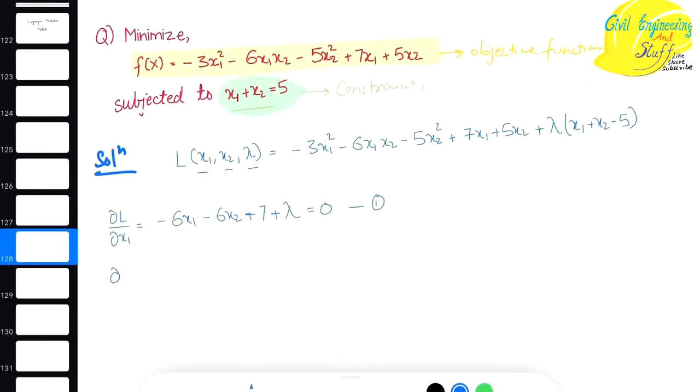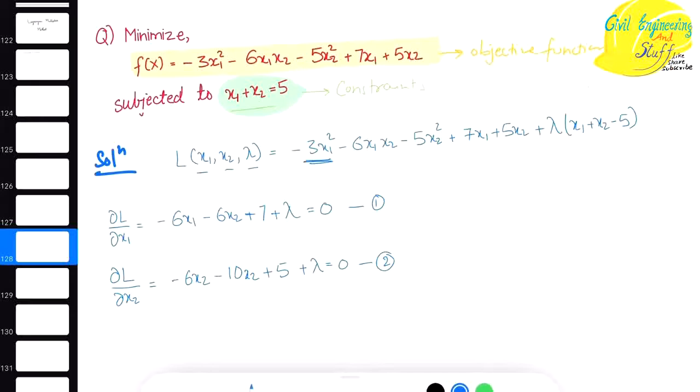Then differentiating with respect to the second variable, x2: this term will be treated as constant since no x2 is there, so it will be 0. Here we'll have minus 6 x1 minus 10 x2, then plus 5 plus lambda equal to 0.